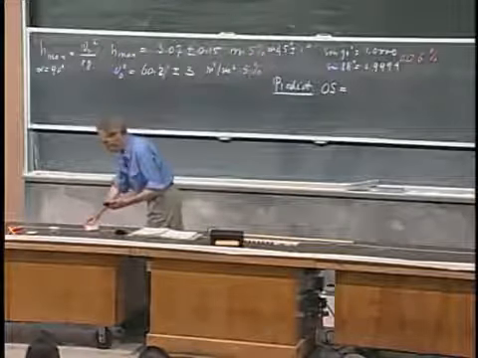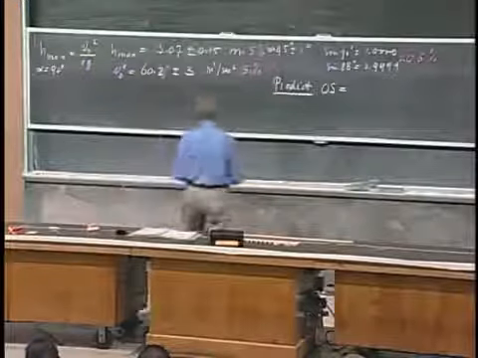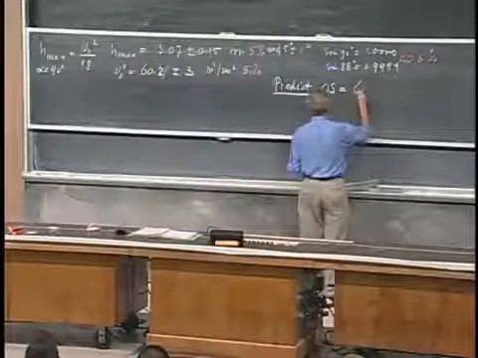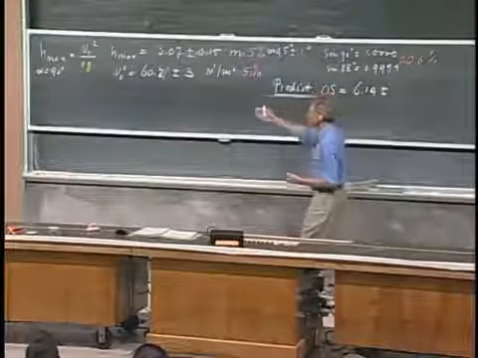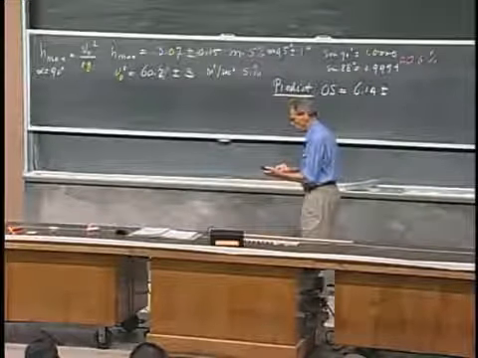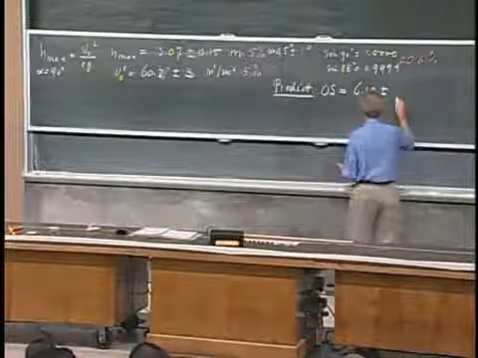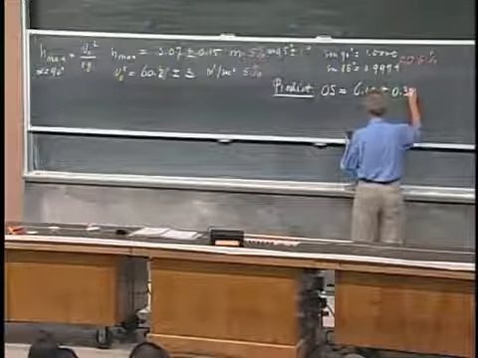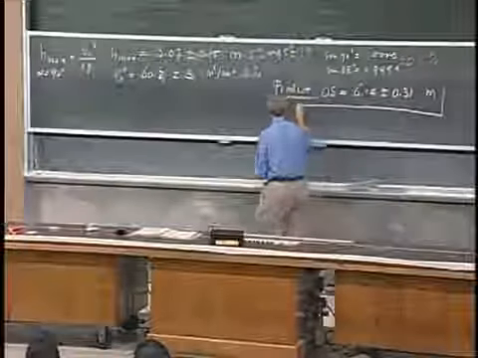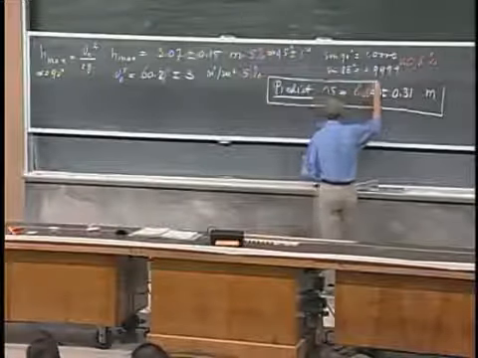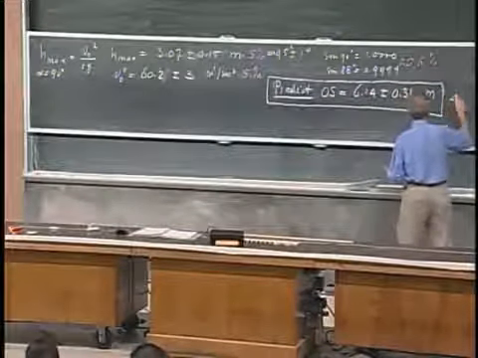That is 6.14 meters, with an uncertainty of 5%, right? Because that's the uncertainty in V0 squared. And so that is an uncertainty of 30 centimeters, actually 31 centimeters. This is my prediction for an angle of 45 degrees.